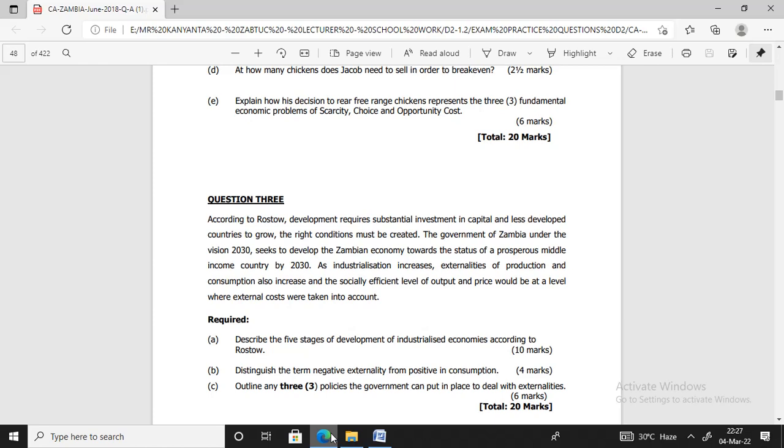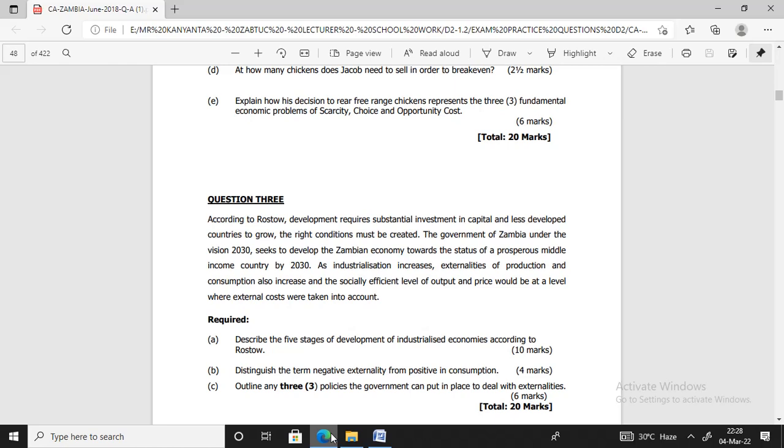So how do we explain negative externality? Negative externality occurs when the marginal social benefit is less than the marginal private benefit. Marginal social benefit is less than the private benefit. So you benefit more than what society is benefiting from.